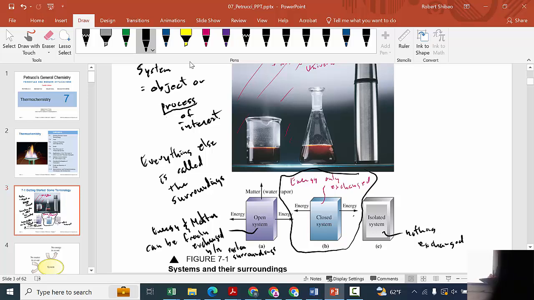So energy can go out or it can go in. In this case, this is exothermic, so energy is leaking out. But let's say if this were cold and outside were hot, then energy could leak in as heat. You know what symbol we give heat? Q. You give it the symbol Q. But we'll talk about that shortly.